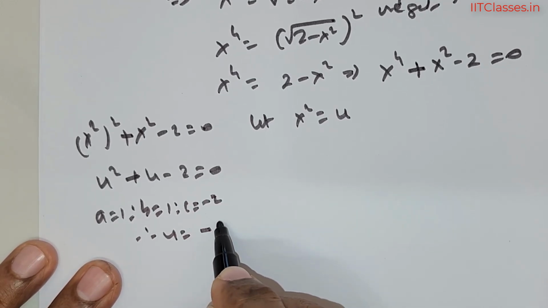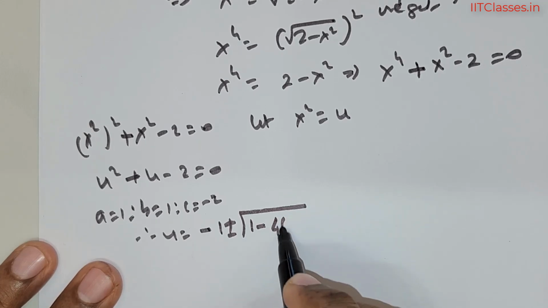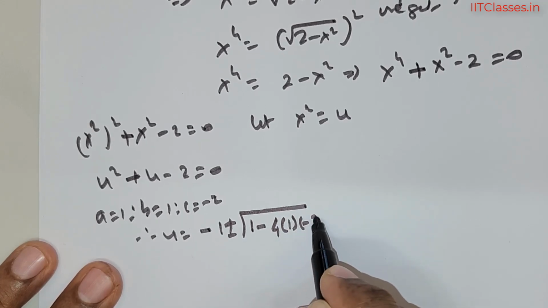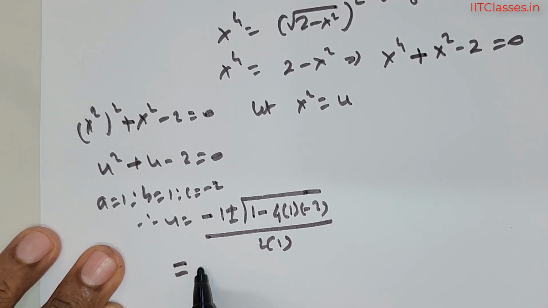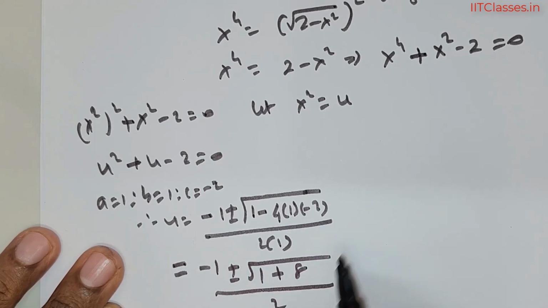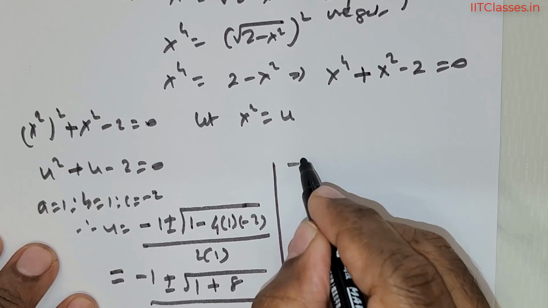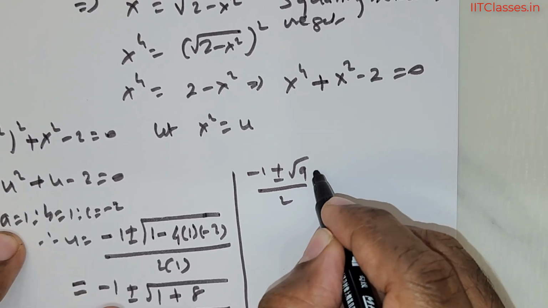Therefore u is equal to minus 1 plus or minus root of 1 minus 4 times a times c, divided by 2 times a. So this is equal to minus 1 plus or minus root of 1 plus 4 times 2, which is 8. So this is going to be minus 1 plus or minus root of 9 divided by 2.